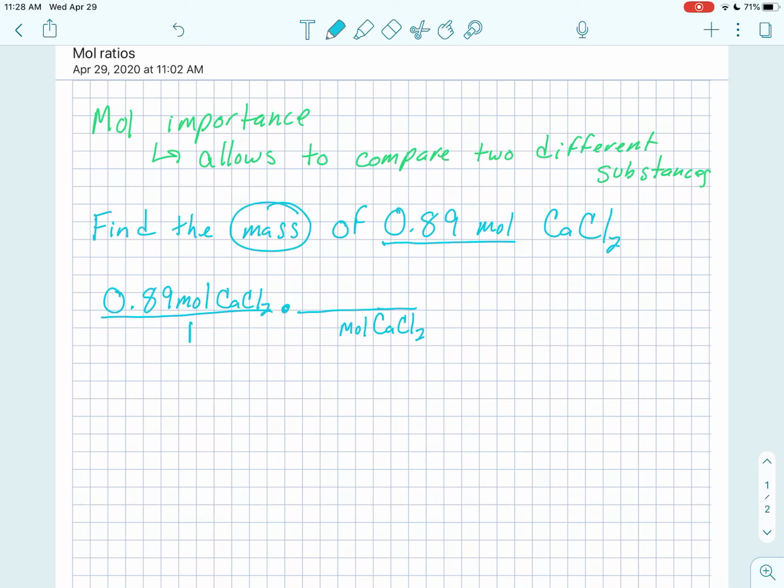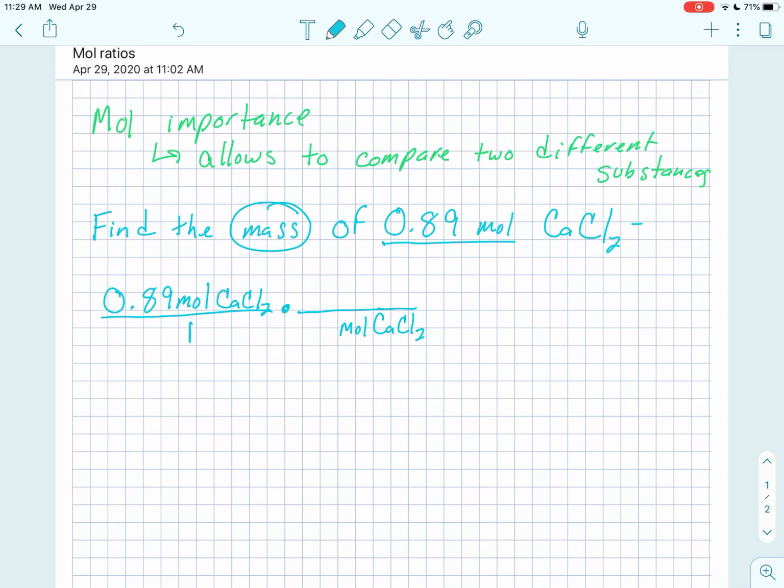Well, the only other thing I know is from our previous lesson, and that was how to determine molar mass. And so when I have the molar mass, I'm going to look at calcium, and calcium has a mass of 40, and chlorine has a mass of 35, but times 2, which is 70.